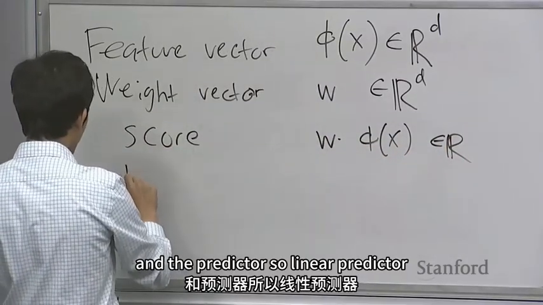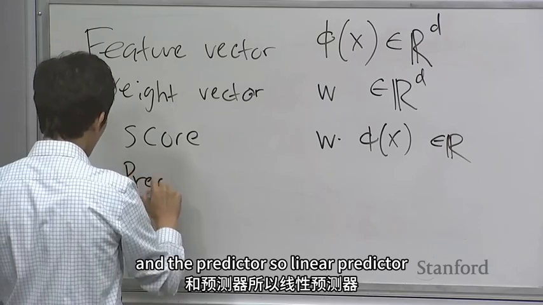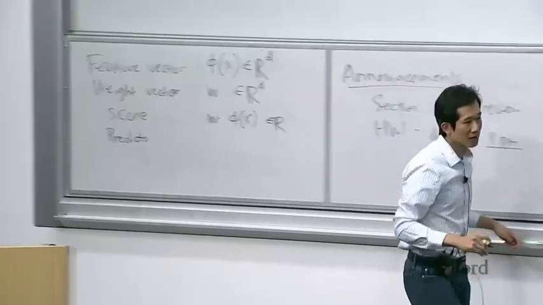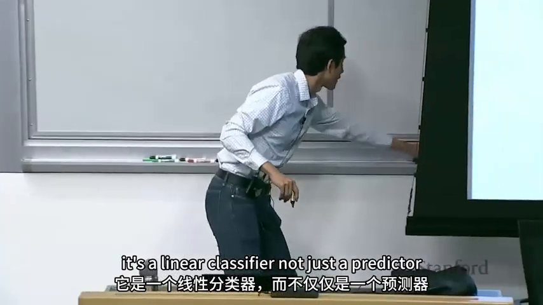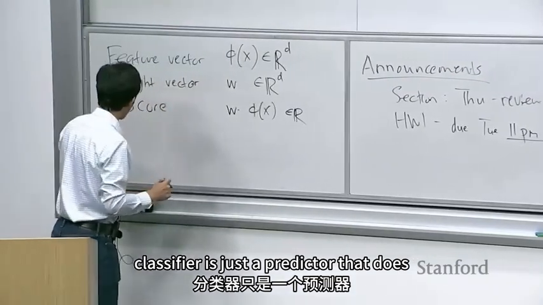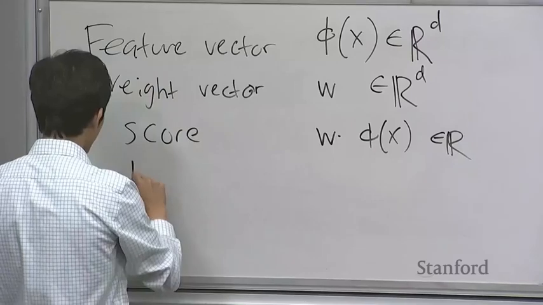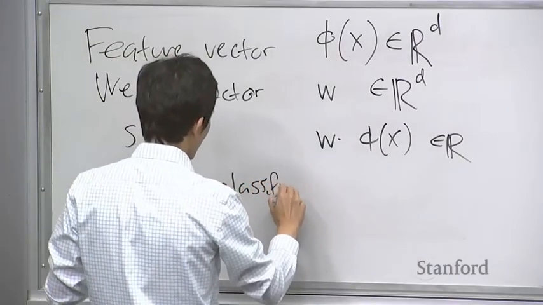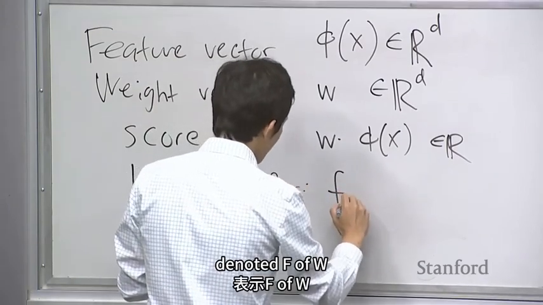And the predictor, so linear predictor, well, actually, let me call this linear classifier, to be more precise. A classifier is just a predictor that does classification. So a linear classifier, denoted f of w.